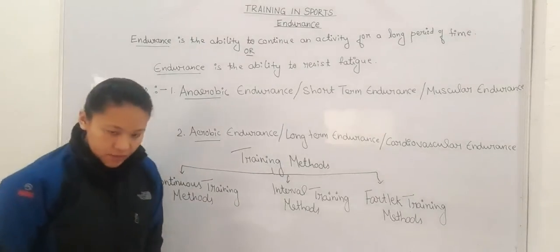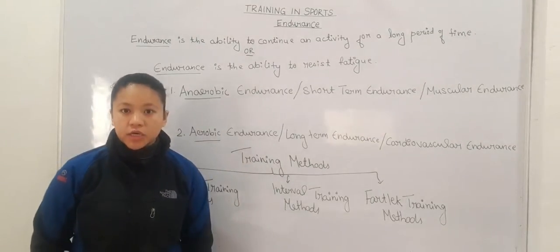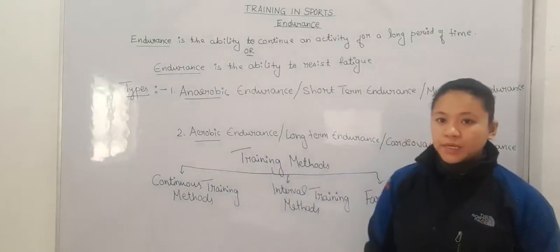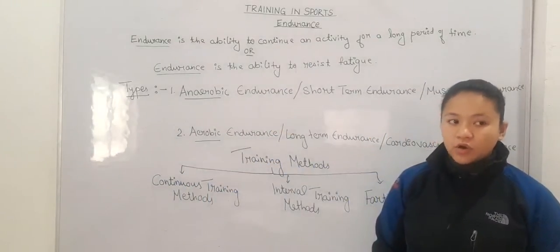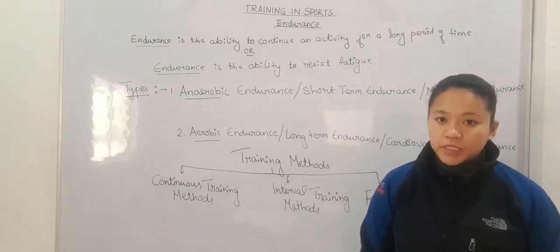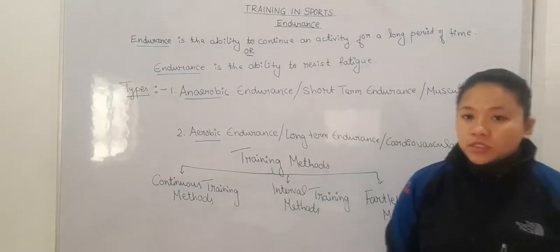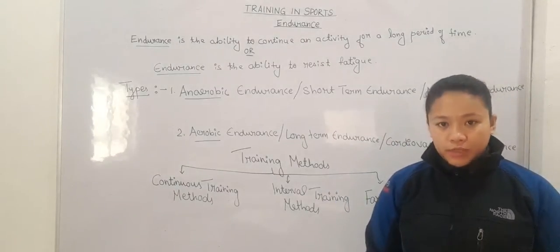Endurance means ability to continue an activity for a long period of time without any fatigue, or the ability to resist fatigue. It is of two types: short-term endurance and long-term endurance.